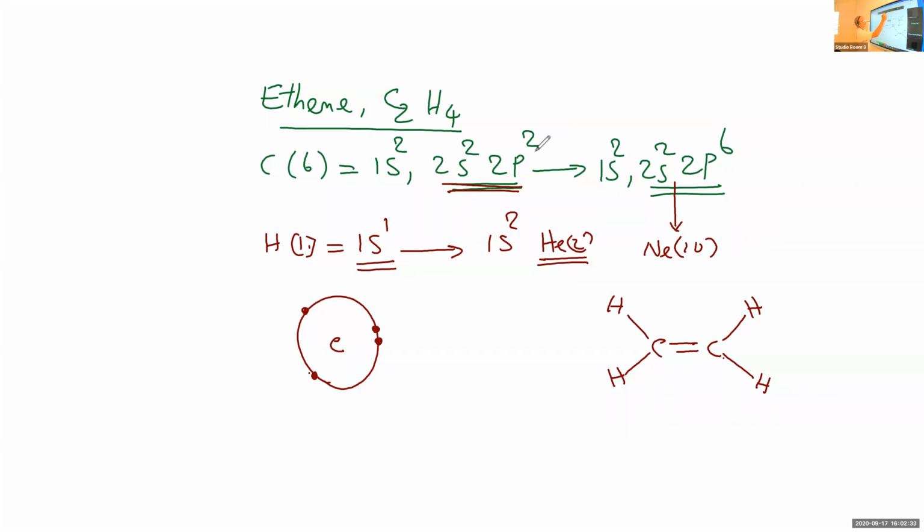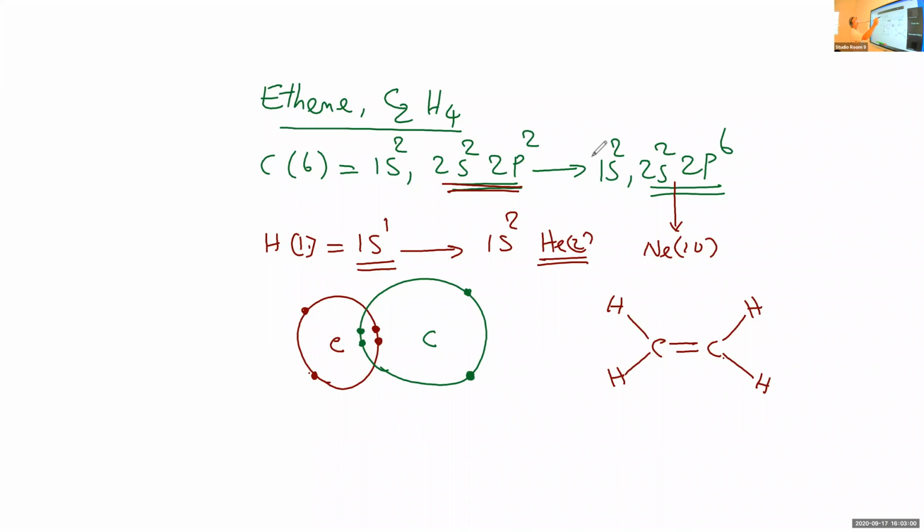Now you come to the second carbon atom here, and the structure will be like this. Equal size. And here 1 electron, here also 1 electron. See, that is the structure.